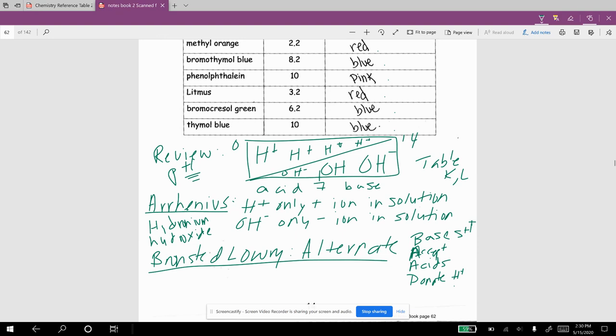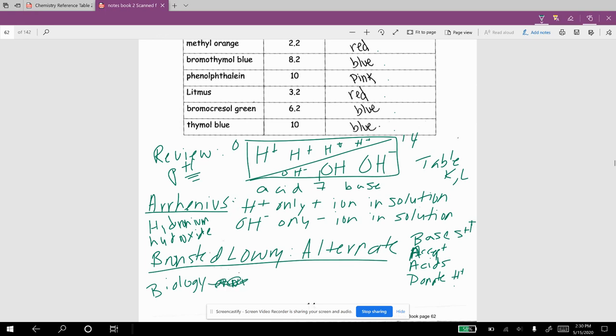Both of these theories incorporate the concept of that hydronium ion being extremely important. So bases accept and acids donate the H+. And that's where you have those conjugate acid-base pairs, which is really important. This is a very important concept in biology and also the environment.